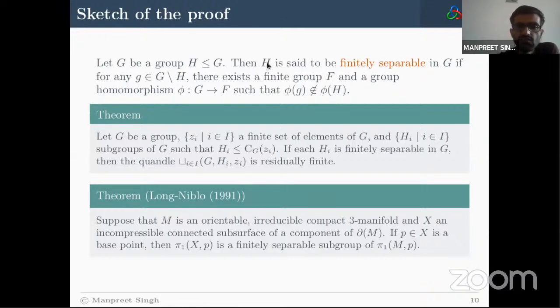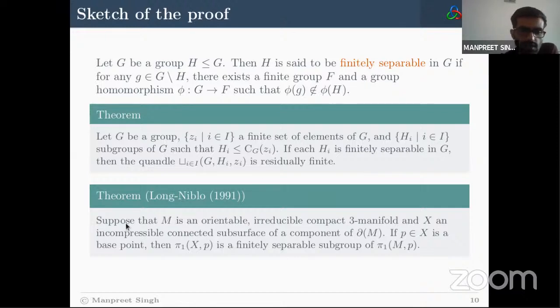In particular, if we take H to be the identity element, then this definition is that of relatively finite groups. We show that if each H_i is finitely separable in the group G, then this coset quandle is a relatively finite quandle.